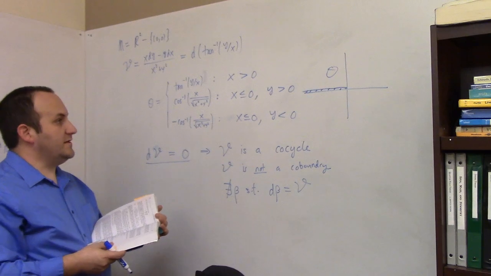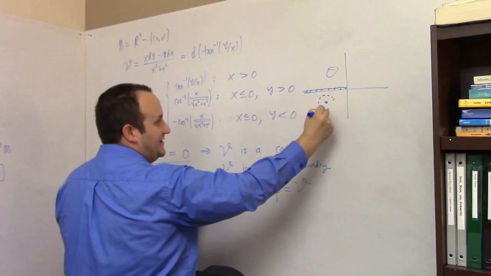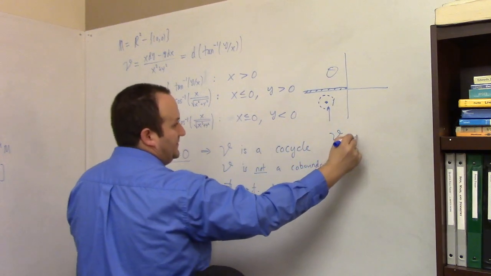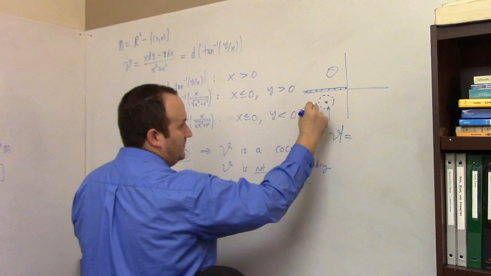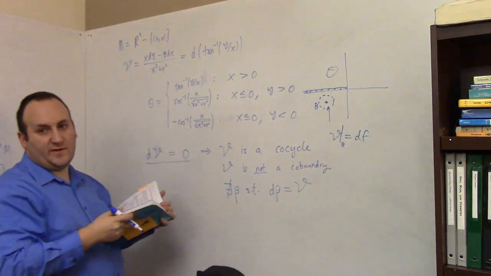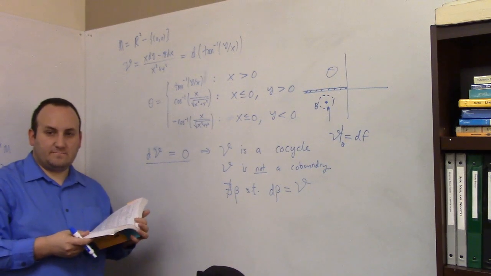So if I pick any point like here, I can express this restricted to this ball as df for some choice of function f there. Just I can't do it on a neighborhood of the origin.